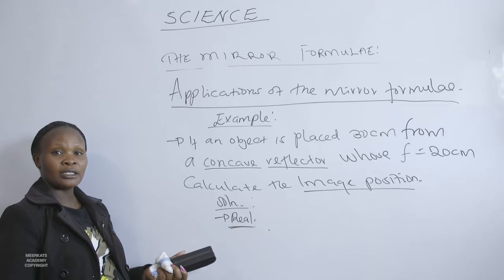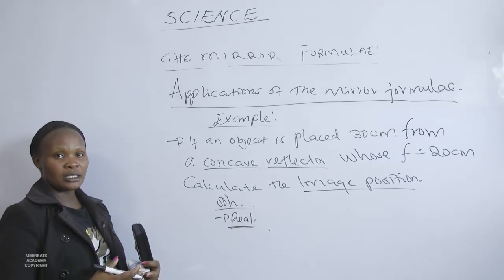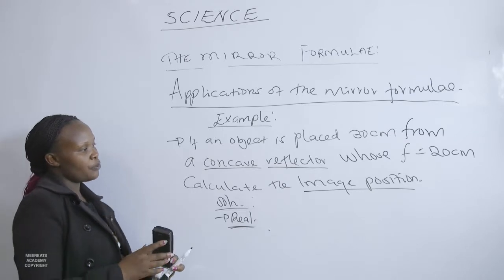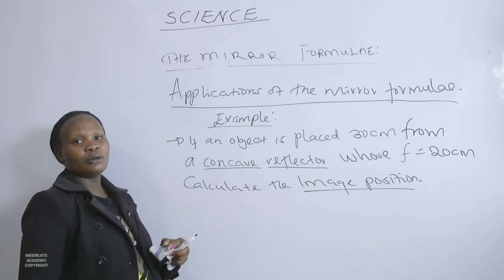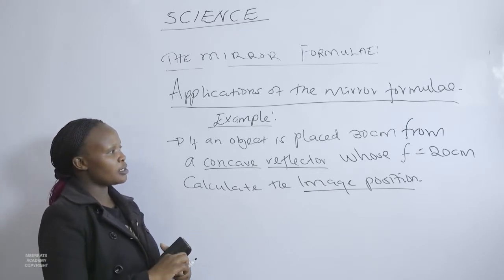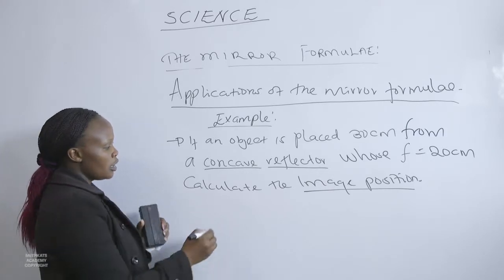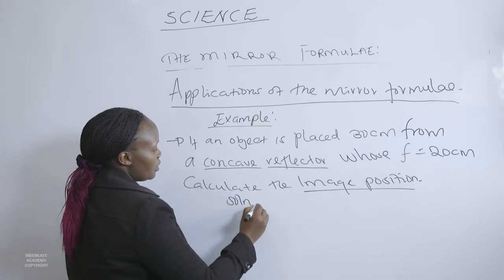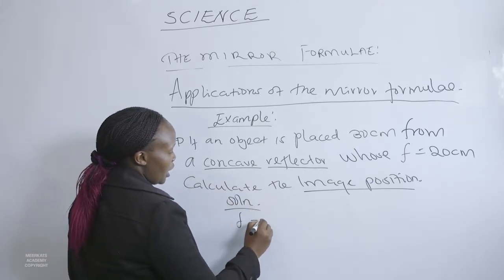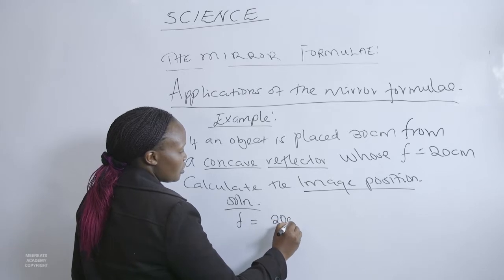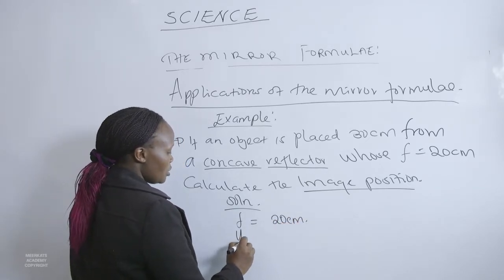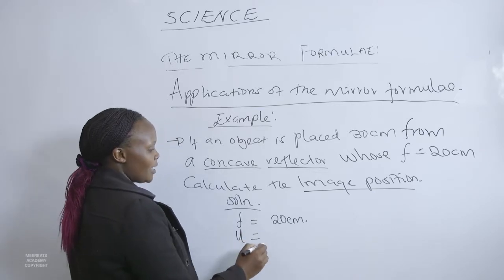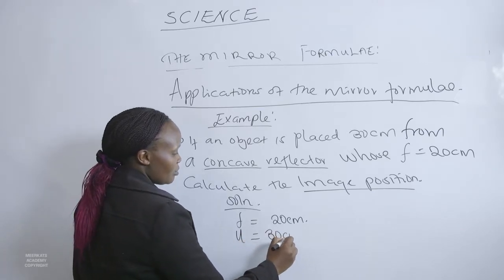All the other situations formed a real image. Now, why am I taking trouble to explain to us? It is because we have been given F as 20 centimeters. And then we have the object distance, U, as 30 centimeters.